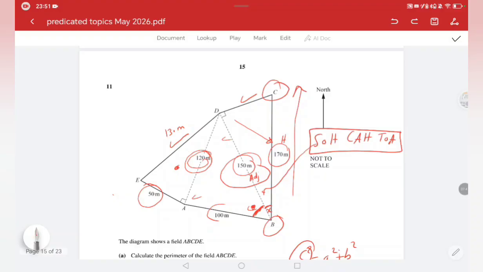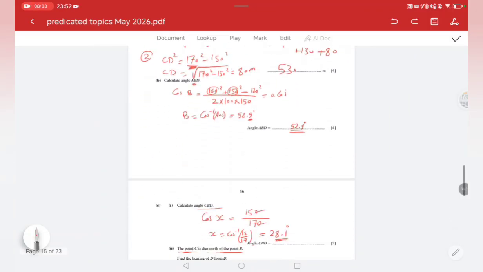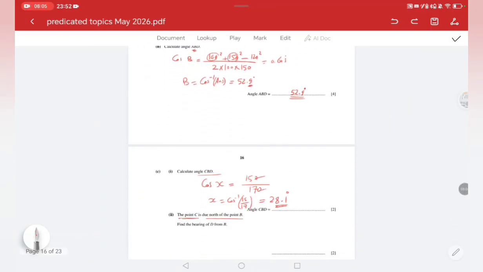In this case, they are vertical. If they say due west, all of them are on a horizontal line. This will help you when you calculate. So they said find the bearing of D from B.